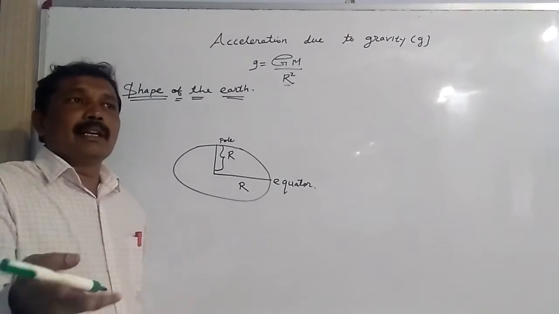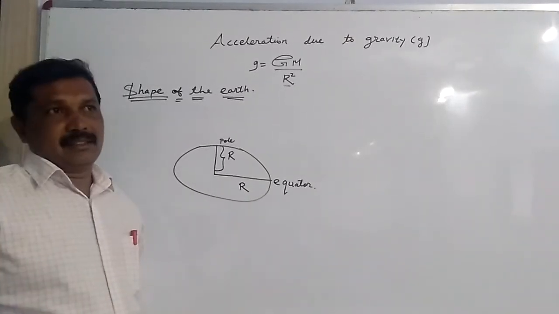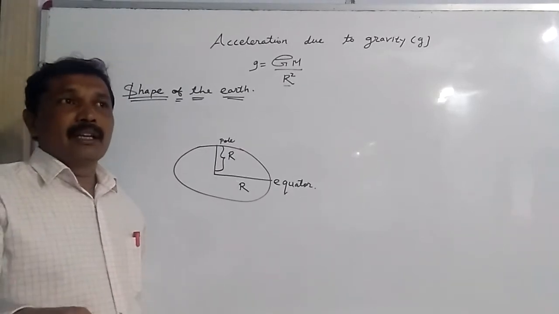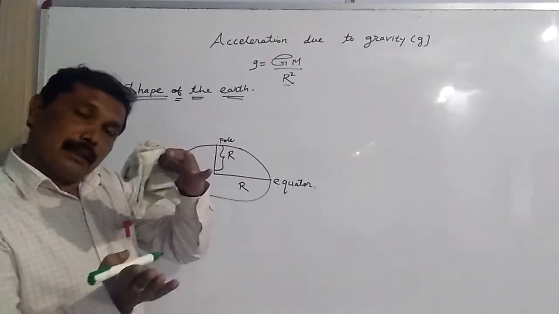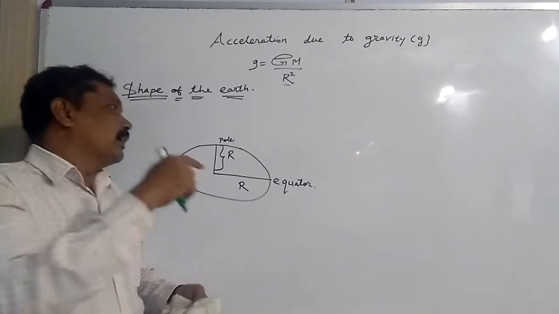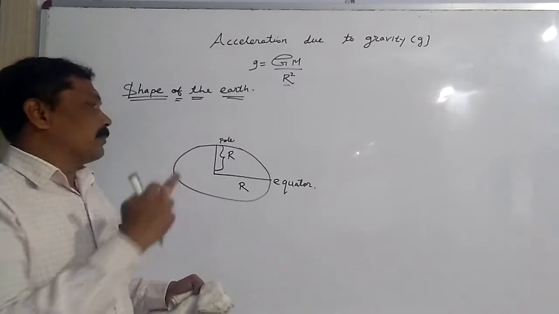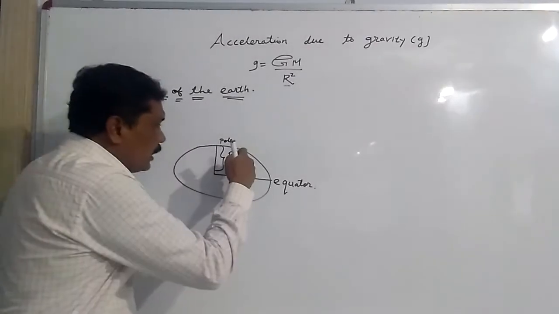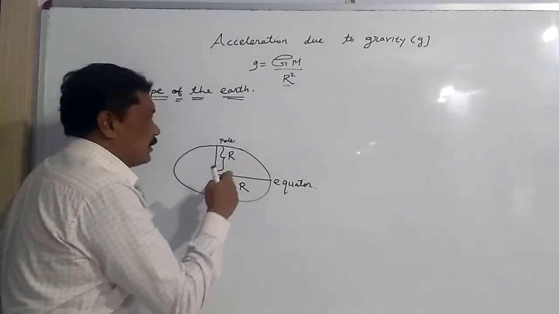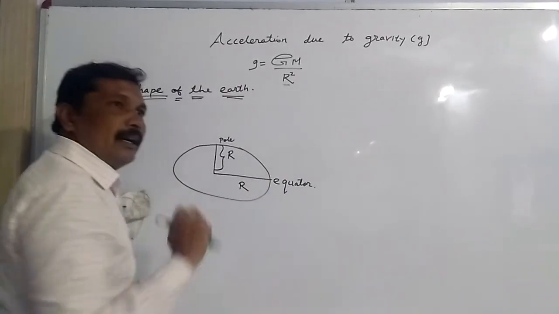One is rotation and another is revolution. It rotates on its axis, and due to this it bulges at the area of equator and it becomes flat at the area of pole. If we consider the radius, you will see here the radius is less at the pole and the radius is more at the equator.